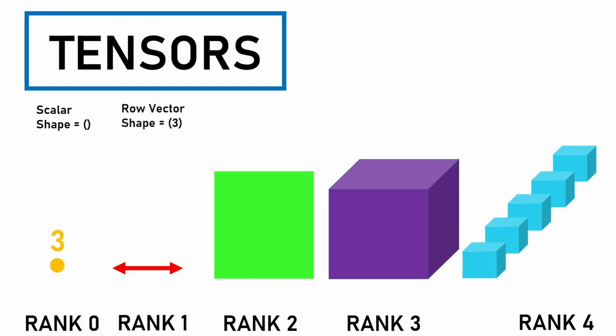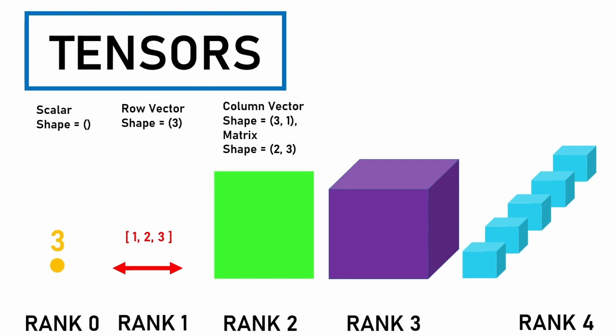Now a rank 1 tensor can be called a row vector. Here is an example of how a row vector of shape 3 will be. Now here we have 3 elements inside a single row, hence the shape 3. A rank 2 tensor can be a matrix.